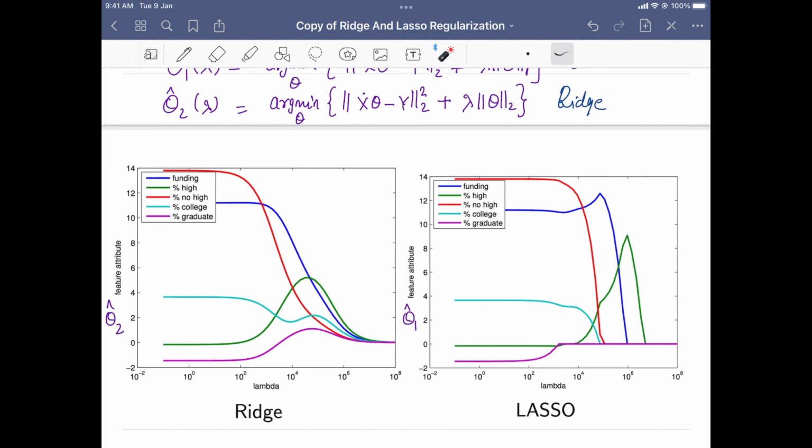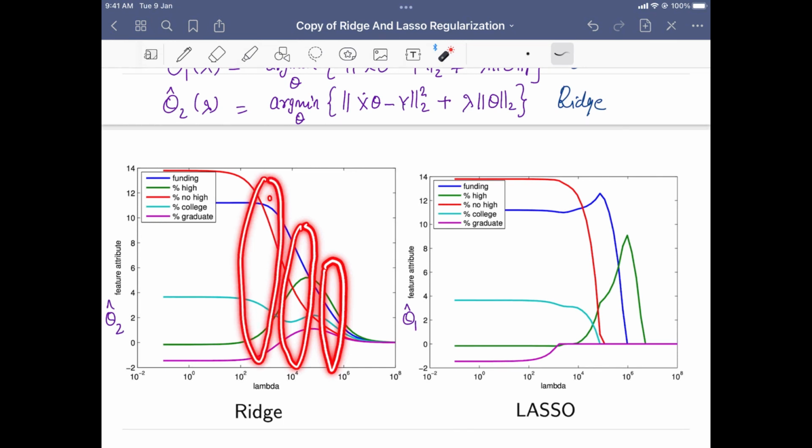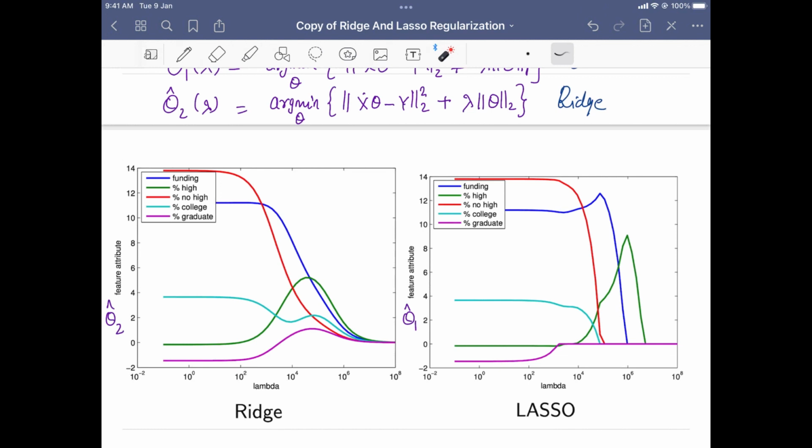Now what we observe is that if you reduce the value of lambda, so right now lambda is, let us say, 10 to the power 8. For any value of lambda, in case of ridge regression, you will see that all these parameters or all these features have some contribution for that specific value of lambda.